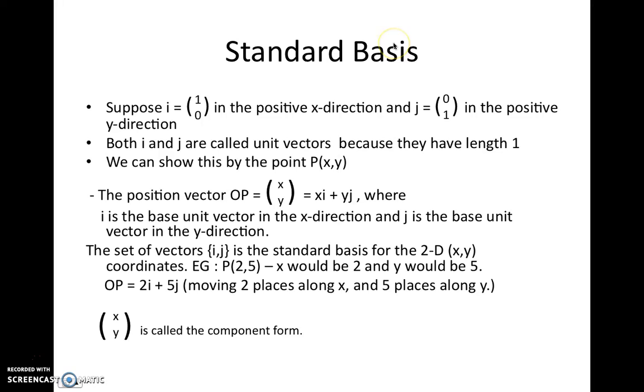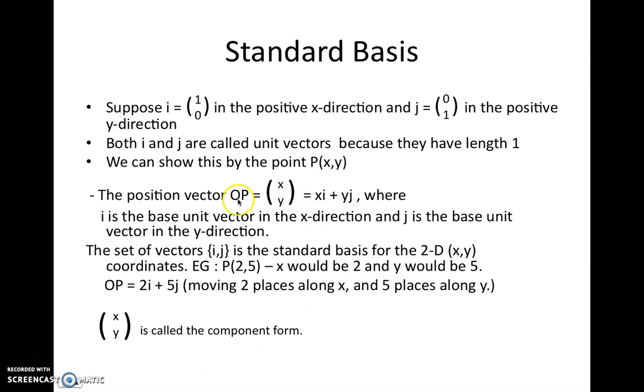So standard basis. This uses the base units i and j, remember. So the position vector OP, the point P (x, y) and the point O (0, 0), OP is equal to (x, y), which is called the component form.